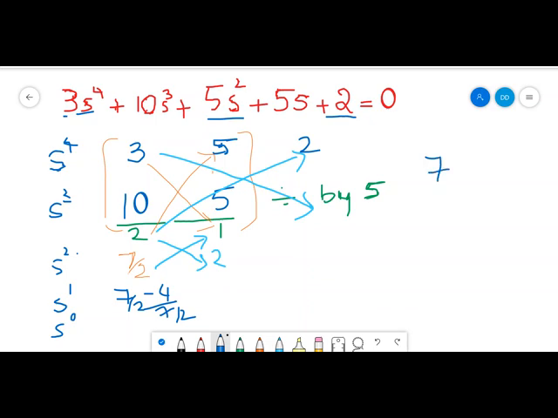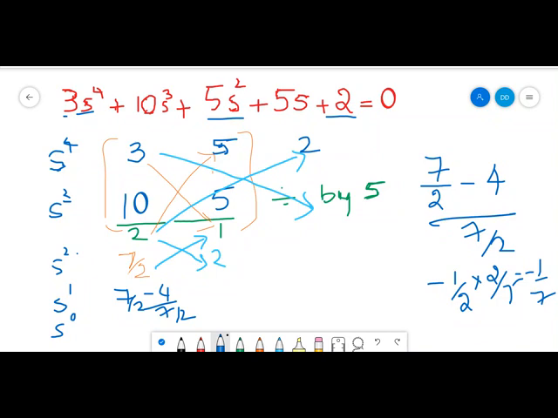It becomes 7 minus 8, which is minus 1 by 2, into 2 by 7, which is minus 1 by 7.